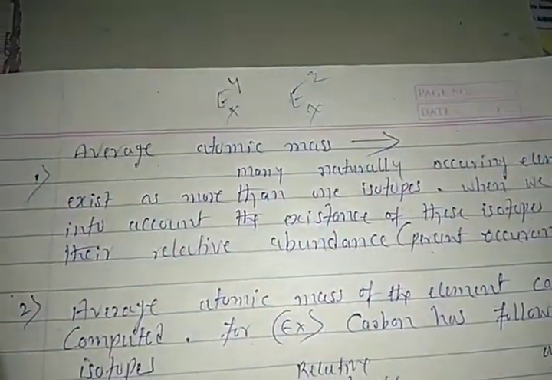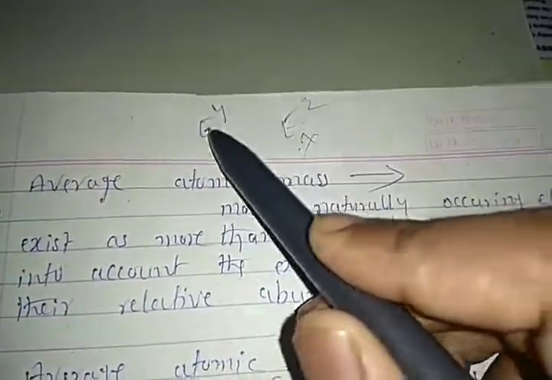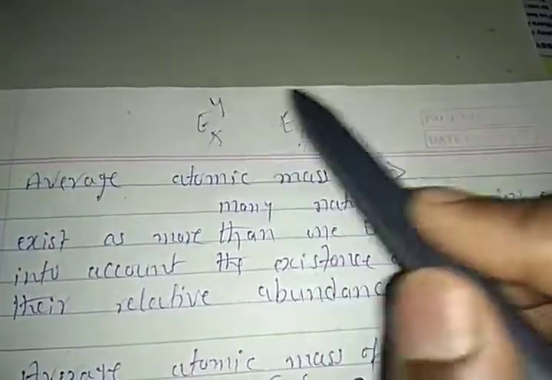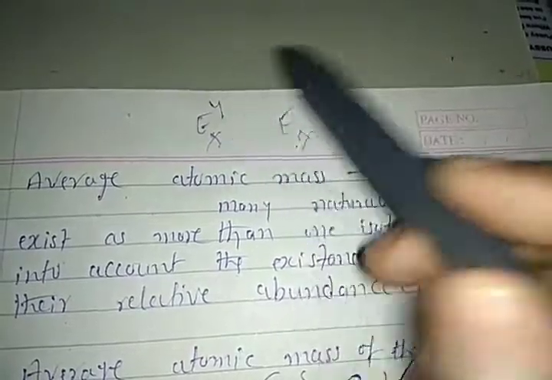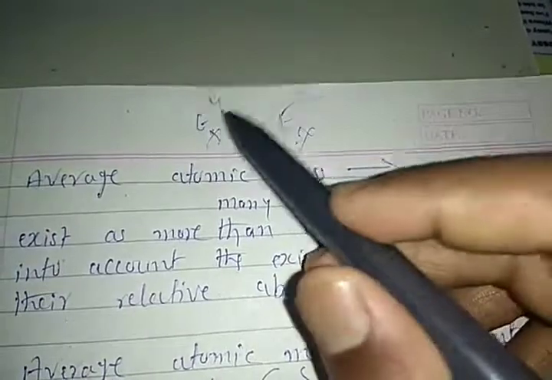So the element which has the same atomic number, x, has the same atomic number and different mass number. The first element has mass number y, the second element has mass number z, different mass numbers.